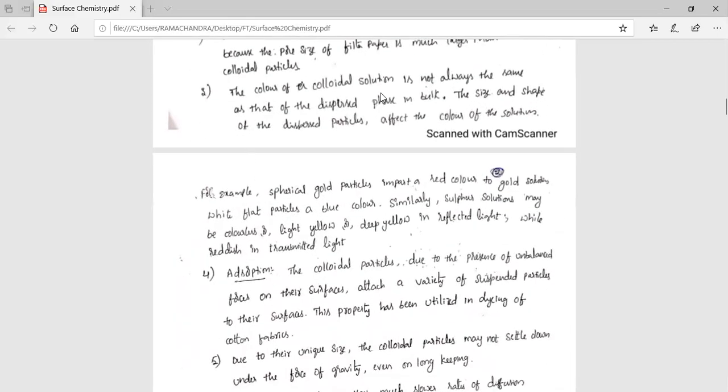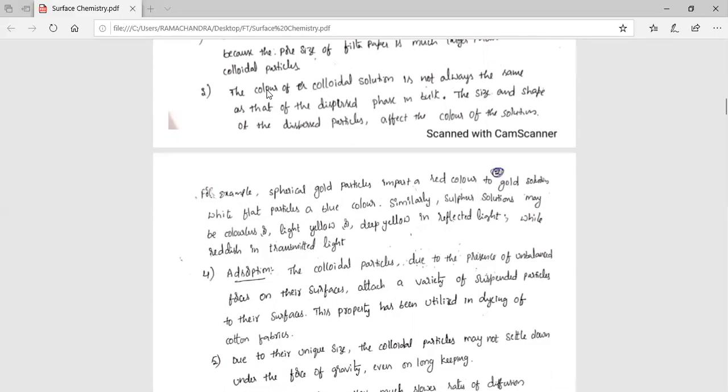Next, the color of a colloidal solution is not always the same. The size and shape of the particles change when the particles are dispersed, which affects the color of the solution.